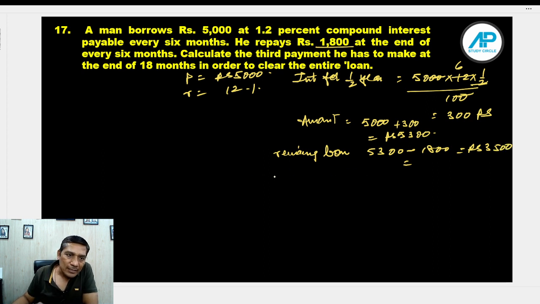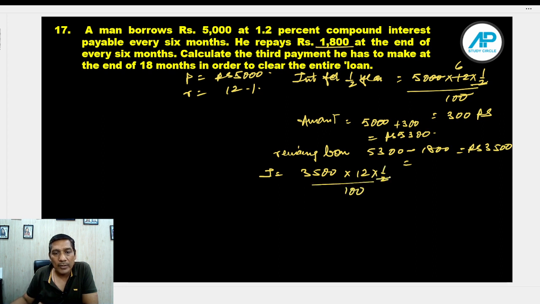So for now, in the second 6 months, or in the second interest cycle, I'll charge interest only on 3500 rupees. So interest is 3500 into 12 into 1 upon 2 upon 100. This goes 6 times, and you multiply it with how much you got. 35 into 6 is 210 rupees.